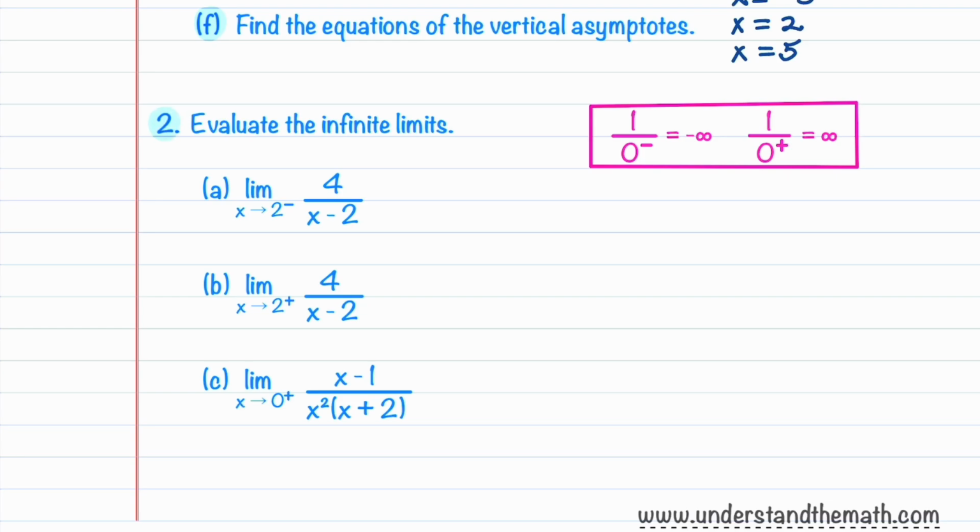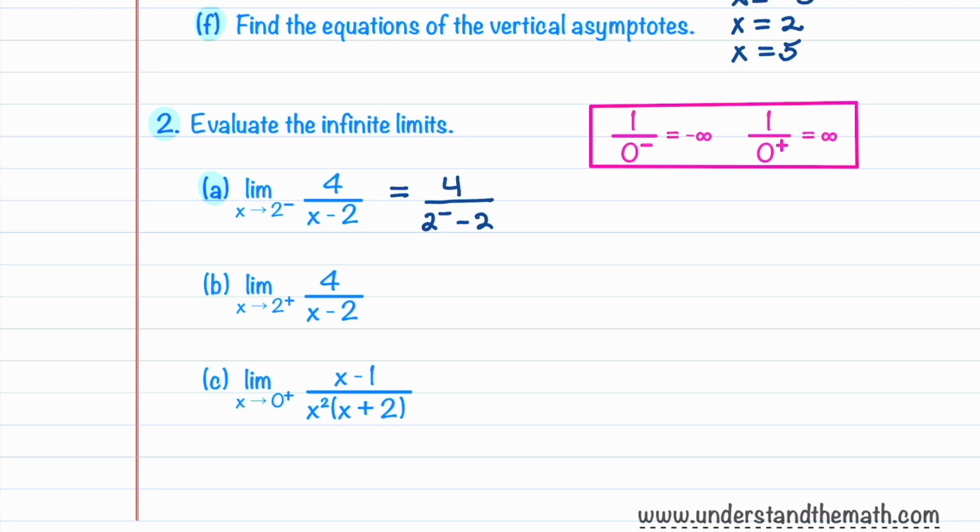Let's now look at our second example, and I think this is the hardest one of the entire section. In part A, we're asked to find the limit as x goes to 2 from the left of the function 4 divided by x minus 2. Whenever you evaluate a limit, the first thing you need to do is use direct substitution and just plug in what x is equal to. This is equal to 4 divided by 2 from the left minus 2.